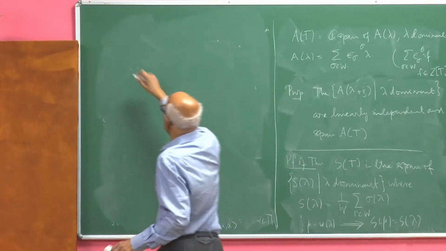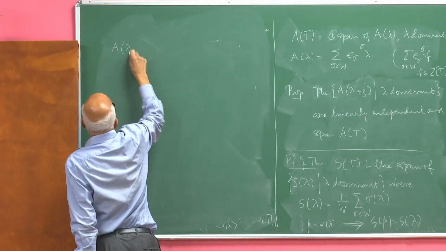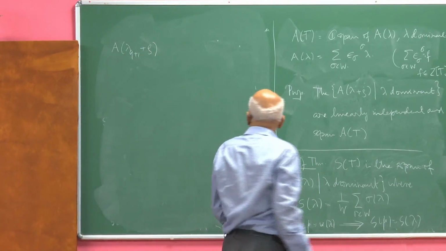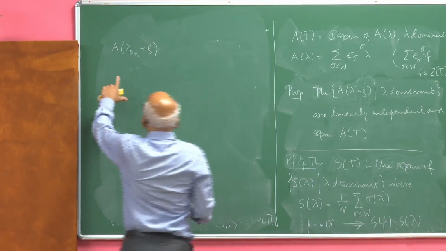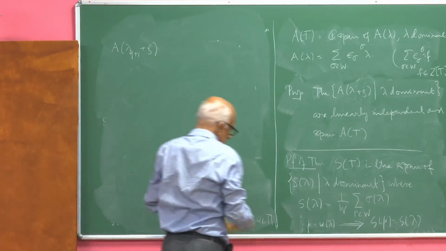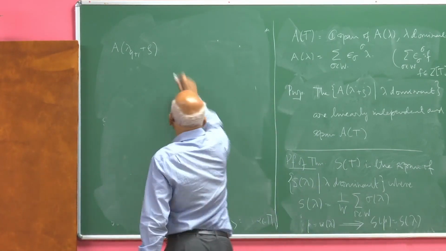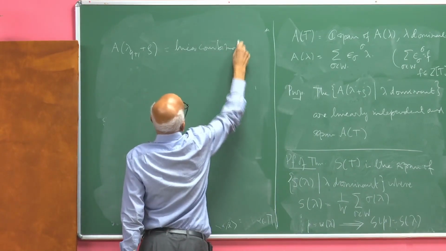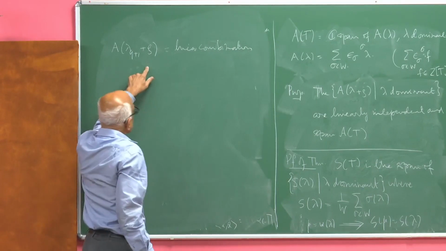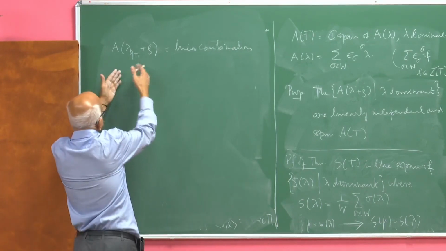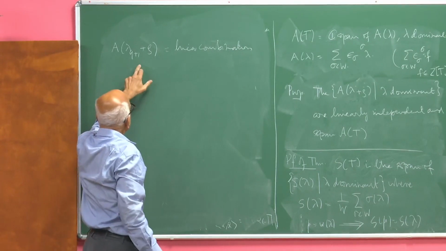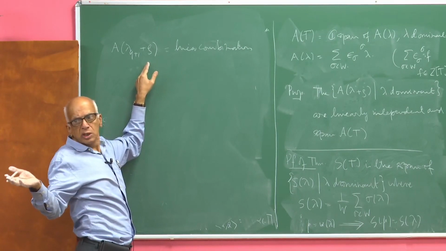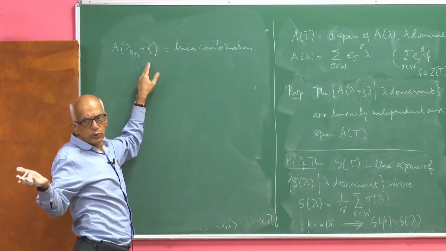So I look at a of lambda q plus 1 plus rho. This is a linear combination. Notice that lambda q plus rho is dominant. So when I take anything in the Weyl group orbit, it will be of the form lambda q plus 1 plus rho minus some sum of m alpha times alpha, where the m alpha are all non-negative and alpha are simple roots.